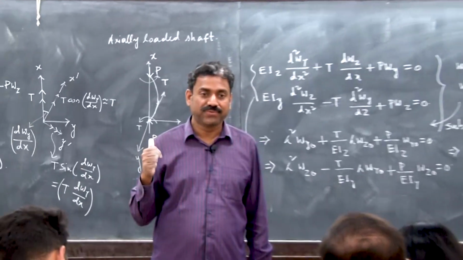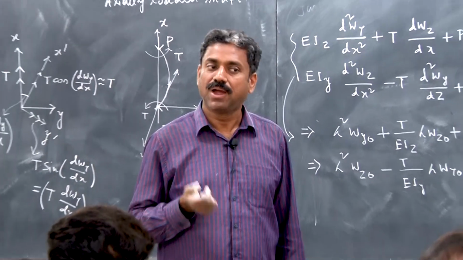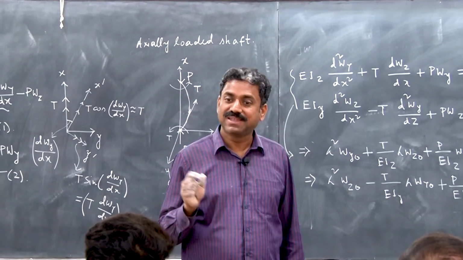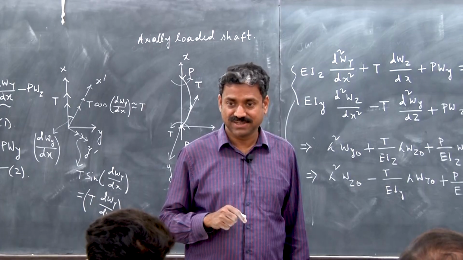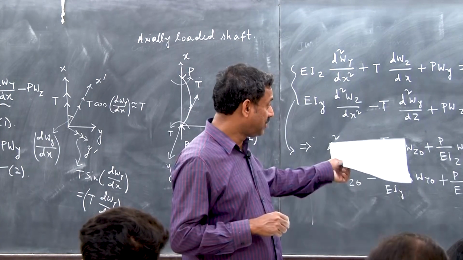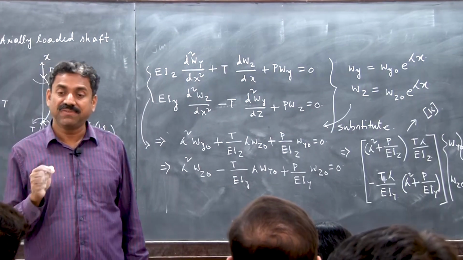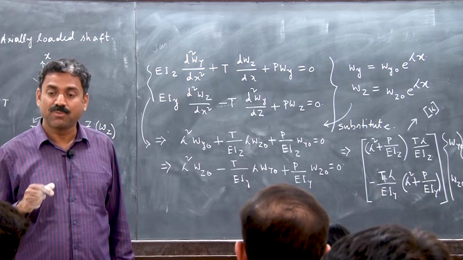The follower force: whatever I have solved, if you cast it into a finite element equation, I will tell you how to do it. Then you will see that it leads to an asymmetric stiffness matrix. Here also it is asymmetric. So an asymmetric stiffness matrix is a manifestation of the fact that the system has become non-conservative.